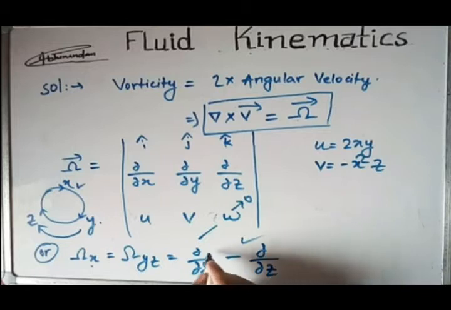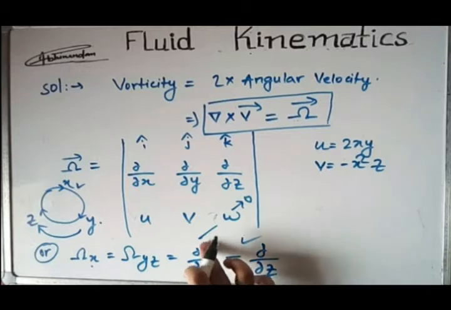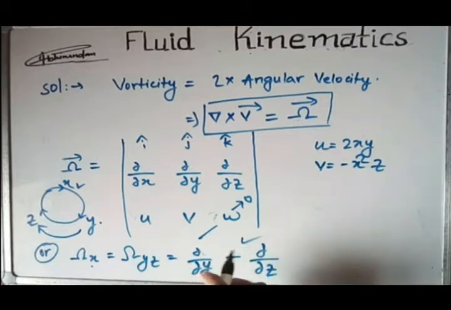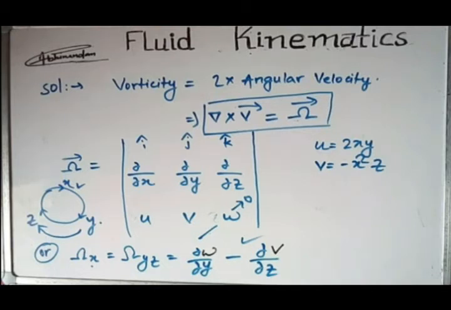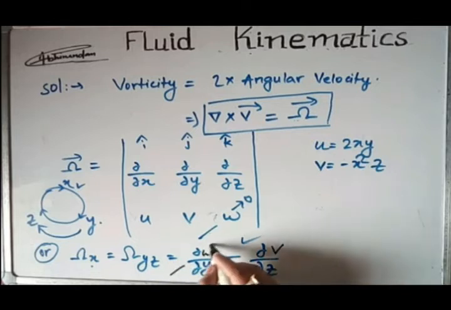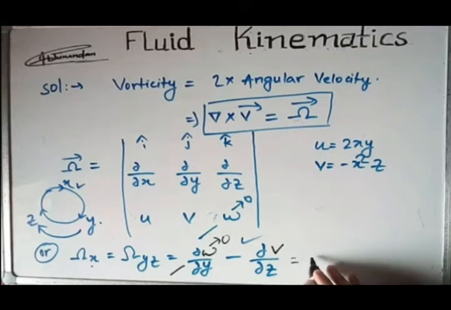And here we have to write the velocity component in alternate fashion. If in the denominator we have y, then we have to write w, and if in the denominator we have z, then we write the velocity component in y, which is v. Here the first term is 0, so we are left with the second term, which is minus partial v by partial z.